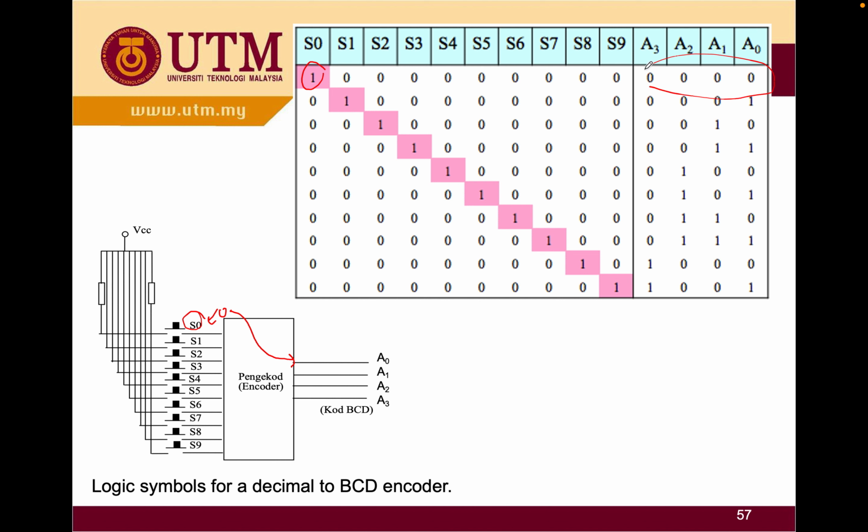And you have a high at S1 here, the rest of course will be 0, so you're going to have 0, 0, 0, 1. Convert 1 to binary, you convert 2 to binary, you convert 3 to binary, you convert 7, 8, and 9 to binary. All together is 10. The rest will be invalid.